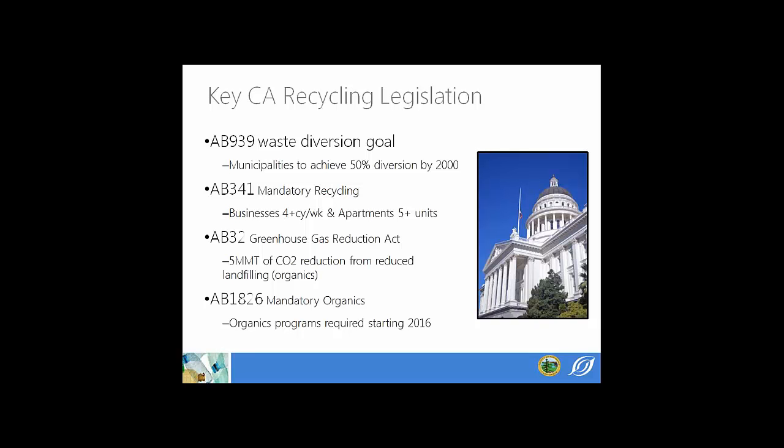So AB 939 is that big one. That's the one that got the whole ball rolling and started all of this. It passed back in 1989, and the goal was that by the year 1995, all communities in California would have diverted 25% of the material originally going to landfills to alternate uses, and by 2000 we would reduce 50% of all materials going to landfills.